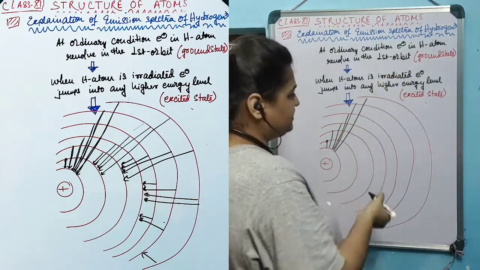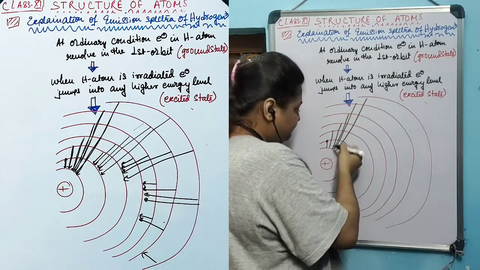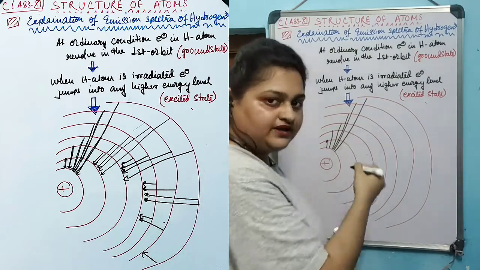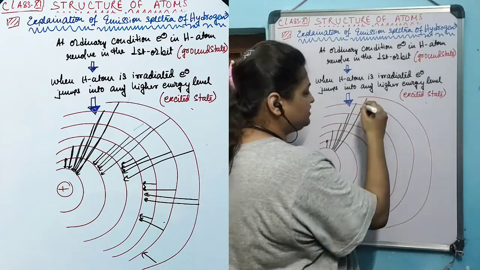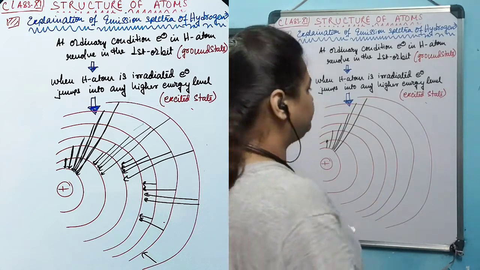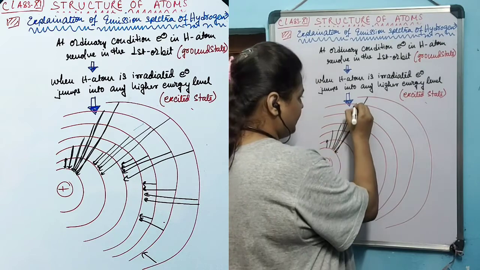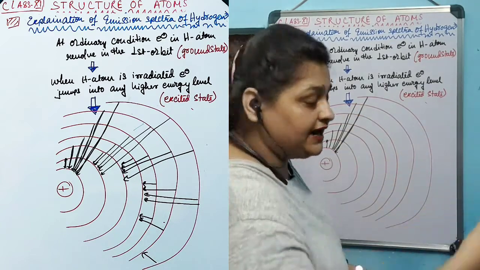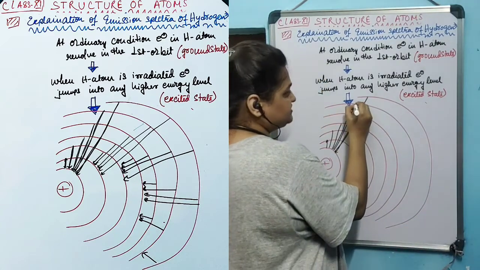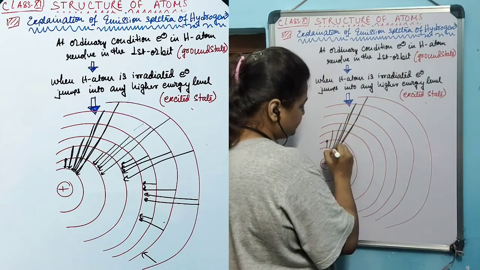After jumping to the higher energy level, when it is coming back to the first energy level, like a hydrogen atom that has its electron in the 7th energy level jumping back to the first energy level, and in another hydrogen atom, the electron residing in the sixth energy level jumping back to the first energy level.